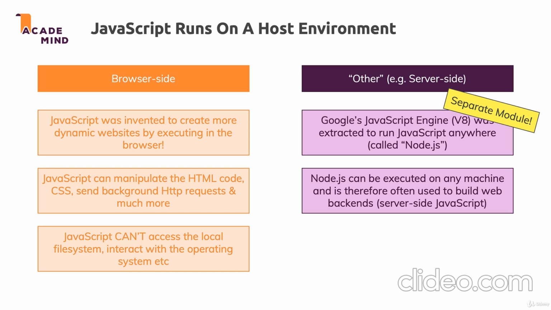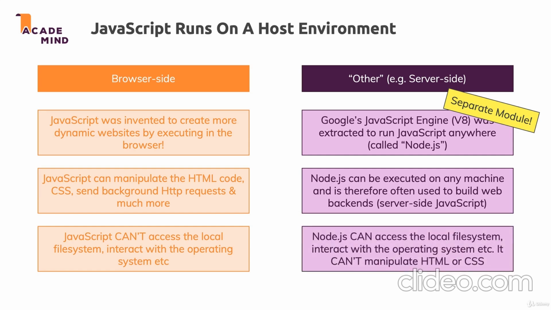Now, Node.js also has certain things it can do and can't do. Since it runs directly on a machine, in Node.js you're able to access the local file system, so you are able to write files and so on, because unlike browser-side JavaScript, Node.js code has to be executed actively by you. It's not like you visit a web page and then this starts happening.